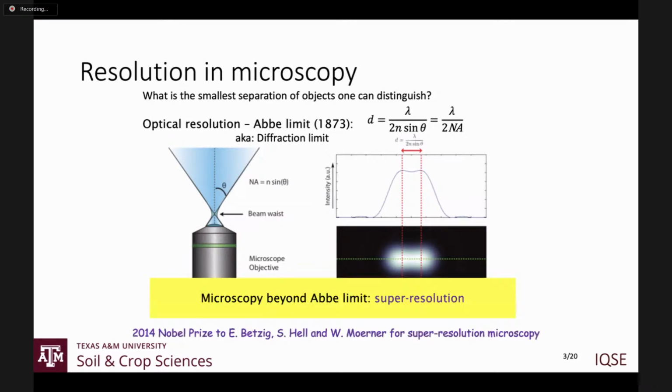And super resolution microscopy is any microscopy method that manages to go beyond this limit. A Nobel Prize was given for this kind of work almost 10 years ago, and it's still a very active field of research.